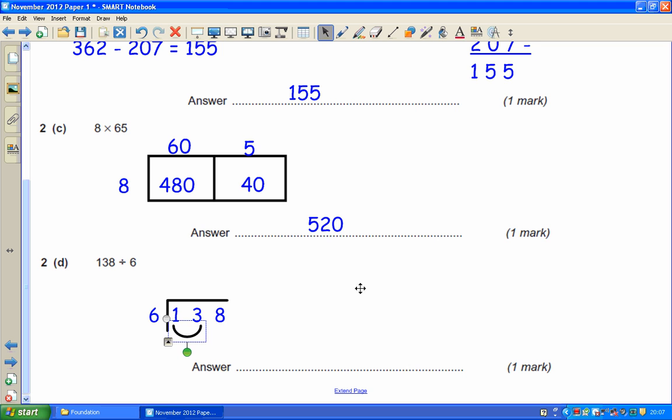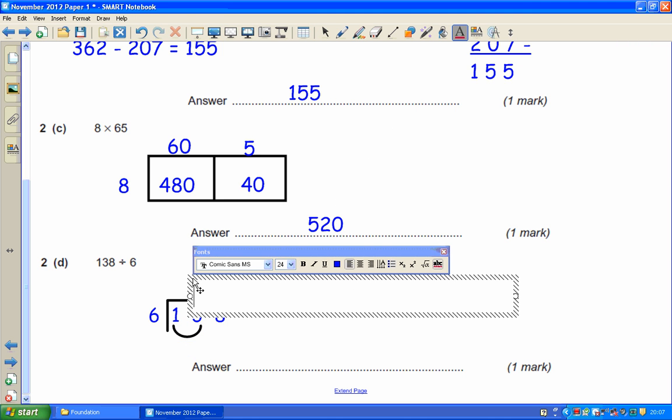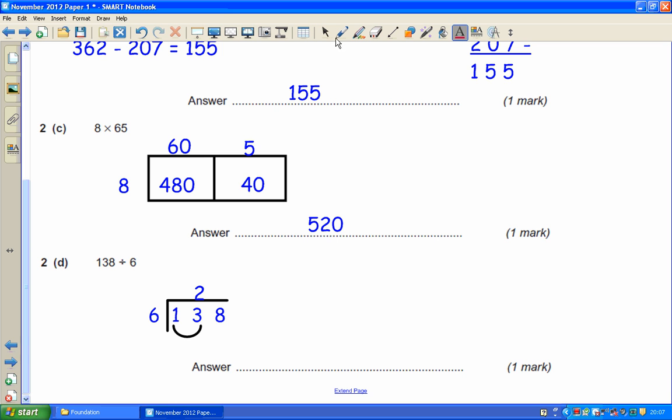We do 6 into 13. 6 into 13 is 2. 6 times 2 is 12, and we're going into 13, so our remainder is 1. So that goes with our 8. Now 6 into 18 is 3. So there is our answer, 23.